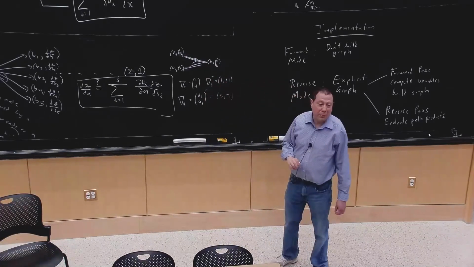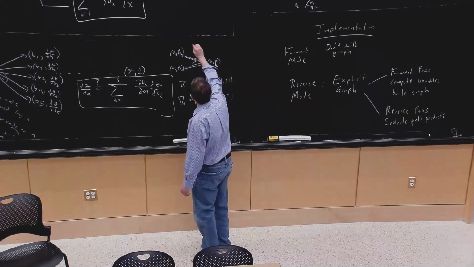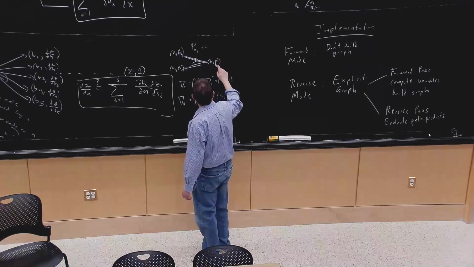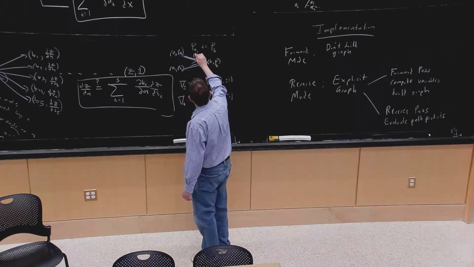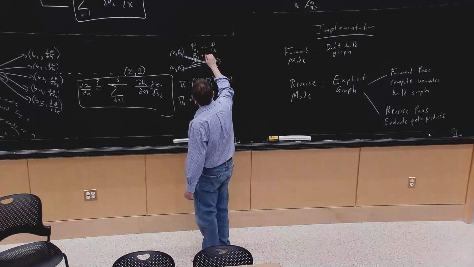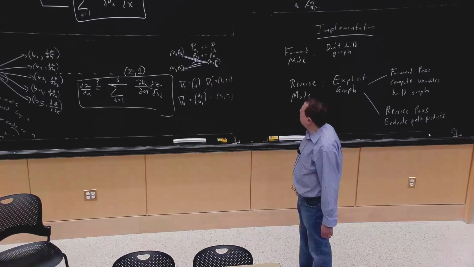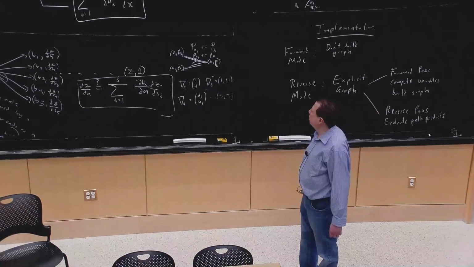These two edges have not been processed, and I'm going to process it. So what's the operation? The operation is going to be PA1 plus equals PB, right? And then the other operation will be PA2 plus equals PB, right? And that's how you do an add backwards. Okay, you just move this along.